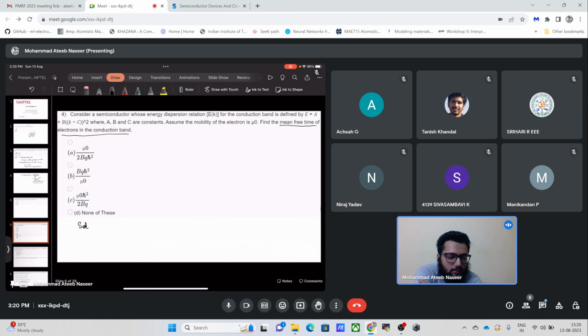This mean collision time will roughly give us an estimate of how frequent the collisions are, because the more frequent the collisions, the less will be the mobility. This will result in degradation of the mobility.